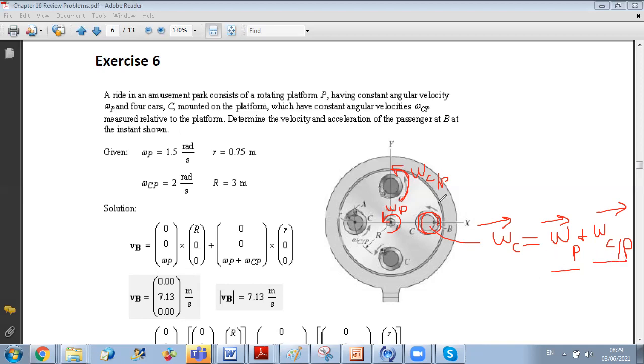Here, as you can see, both are along positive k because both are counterclockwise. Okay, so in total, we have omega p, we have omega cp. So we can say that vector omega c is equal to 1.5 plus 2 equals 3.5 k.